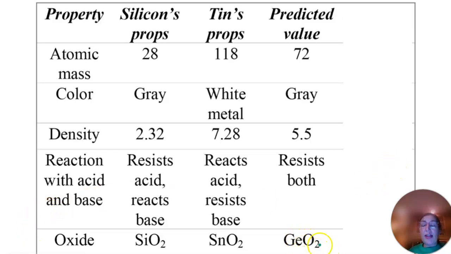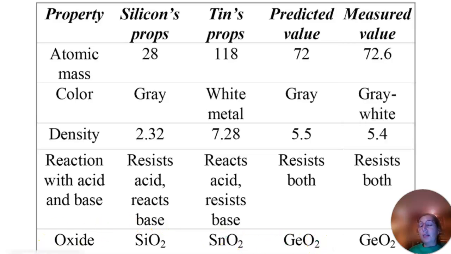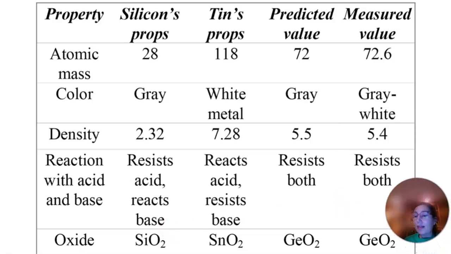He predicted that it would form compounds with 2 oxygen atoms, and lo and behold, germanium was quite a bit like he predicted. Close atomic mass, similar in color, similar in density, was resistant to both acid and base and did form compounds with 2 oxygen atoms.